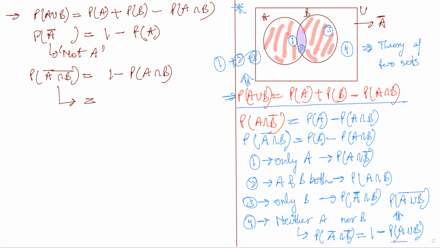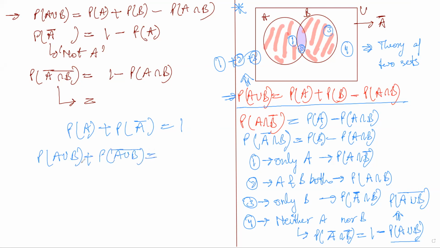1 minus this probability. I just told you that probability of A plus probability of A complement is 1. The probability of happening of some event plus the probability of not happening of that event is 1. So we can write this on A union B as well. If we take probability of A union B plus probability of the complement of A union B, this should be 1.